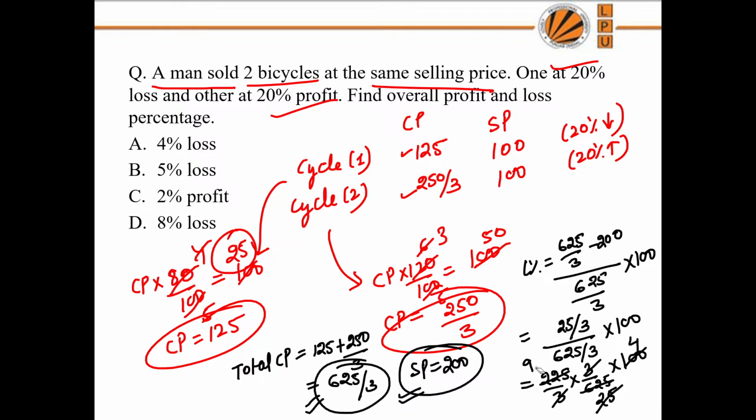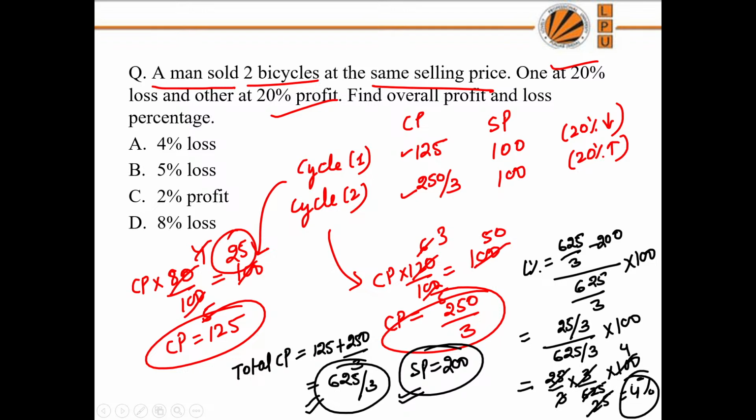Yes, it should be. Wait. Like this. So it is 25 by 3 into 3 by 625 into 100. So 25 will cut it at 25 times. 25 will cut it at 4 times. 3 get cancelled. So finally we are getting 4% loss. This is generic way of doing these kind of question.